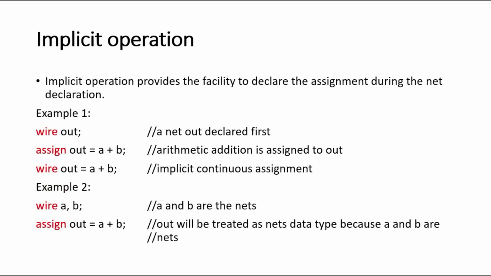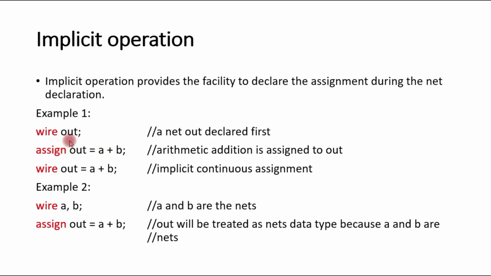Implicit operation. It is a way to declare the variables in Verilog. In this case, designers declare the nets without separately assigning the nets for the same output. Examples are given here. In this example, first we declare out as a net data type, then we assign the value for out, that is the arithmetic operation a plus b.